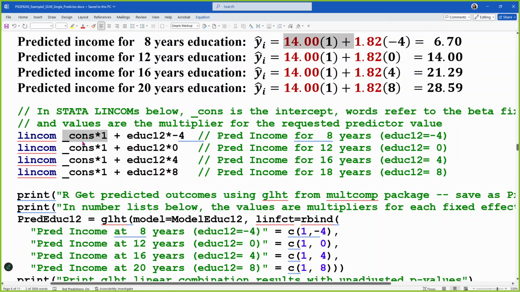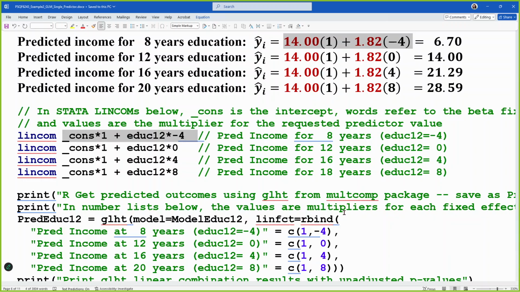So whatever the fixed intercept became is then going to be stored in memory and part of this new value that it's computing. Education 12 then refers to the beta 1 slope that was estimated for that predictor. So this command right here is doing this math for you without you having to input the particular slope and intercept coefficients that your model found.